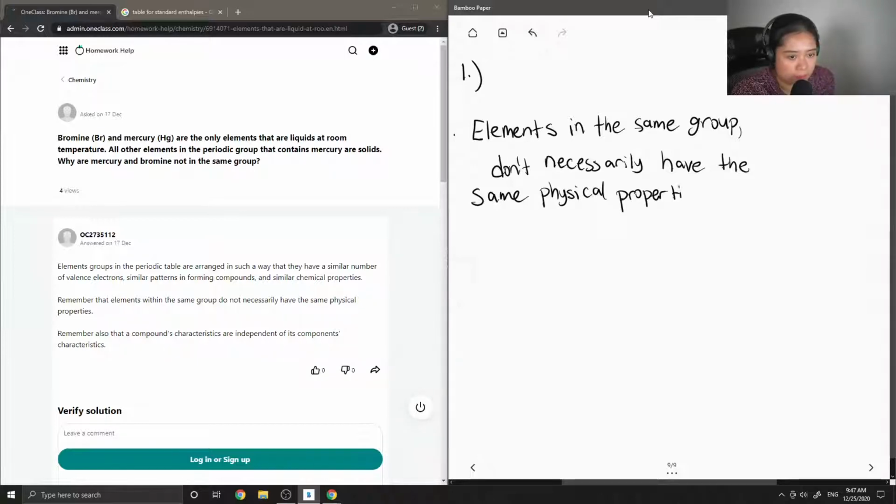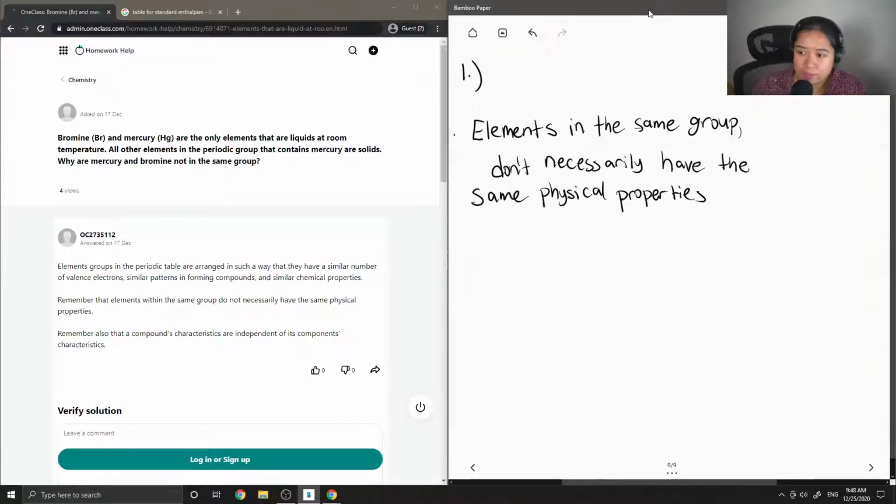So the reason why they are in that numerical order is just because of the number of protons in the element. And it also helps us to visualize all of their valence electrons.